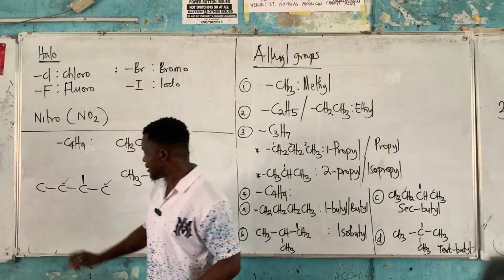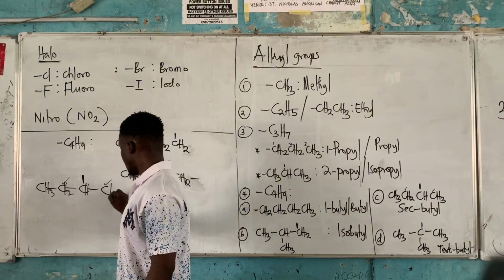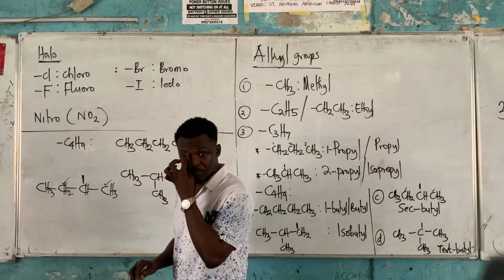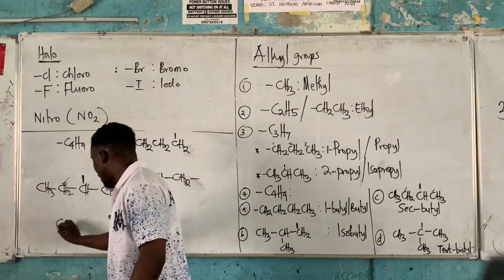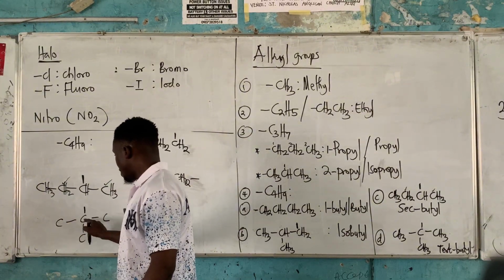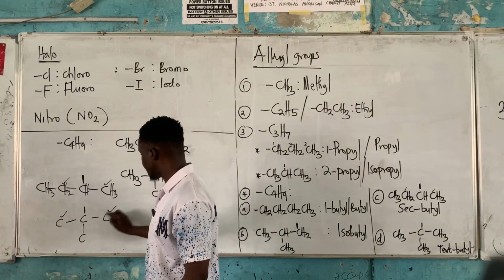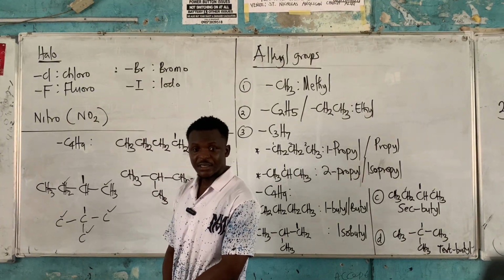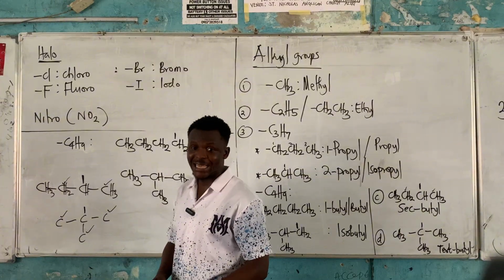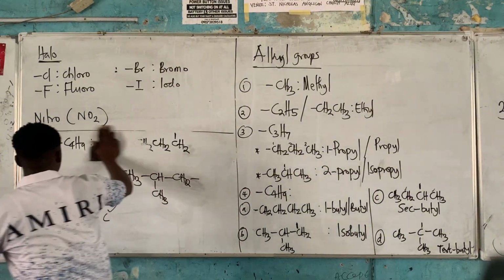Right? So this is sec-butyl. If I now say 1, 2, 3, 4, the point of attachment is on this carbon, right? This carbon is attached to how many? 3. That's what? Tertiary. Tertiary can be called tert or just T. Okay, so that is that.